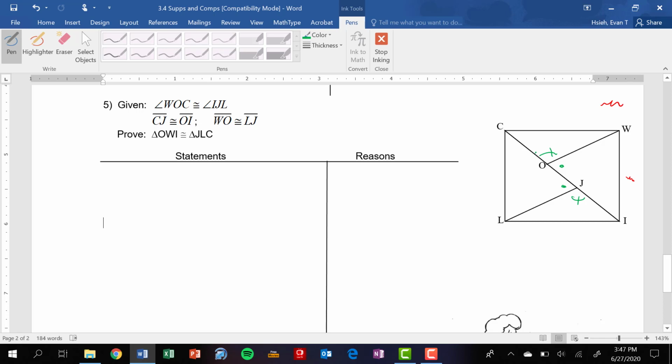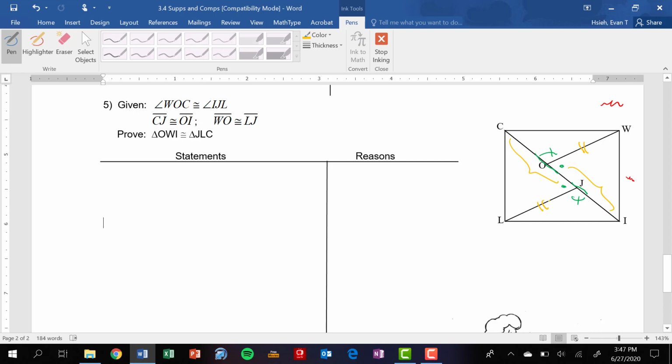Since these are straight angles here, this angle and this angle are straight angles. And then CJ is congruent to OI, and WO is congruent to LJ.